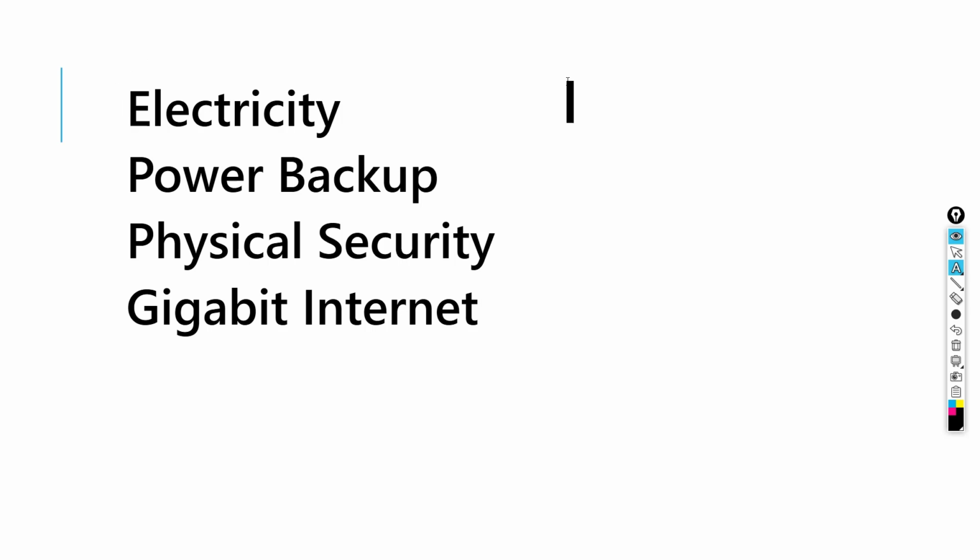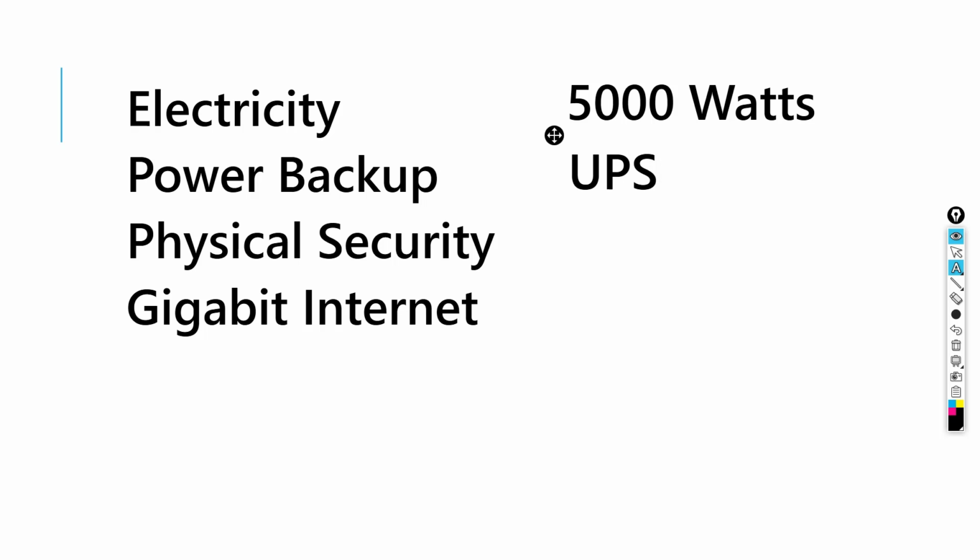For example, if servers are using electricity and they are at least consuming around say 5,000 watts. Cooling is not included yet. Power backup: you need to have a UPS and a high quality one, so in case of a power outage, at least it should be able to bear the load for 5 to 6 hours.